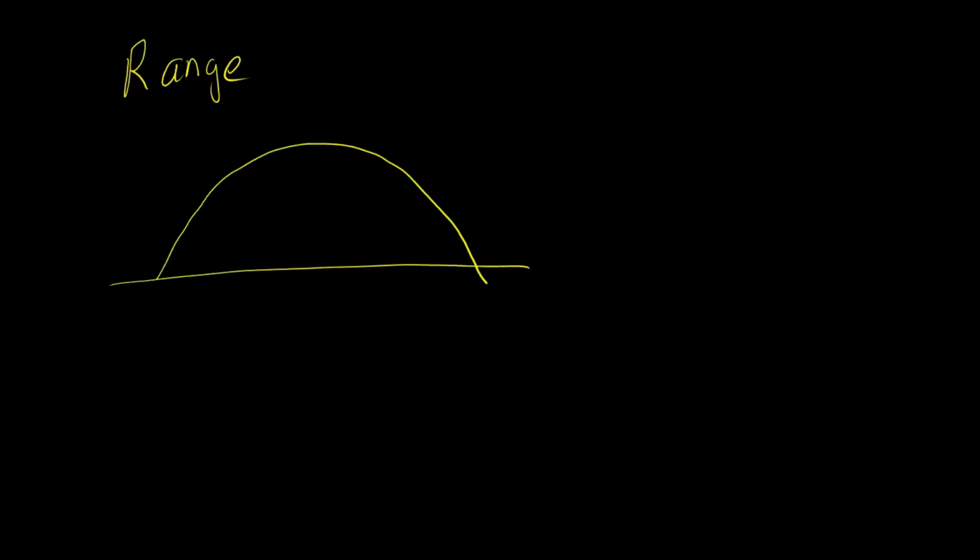All right, how do I find range? So we want to know how far it travels horizontally. We know that its velocity is constant horizontally, so my x, or my range, is equal to the velocity along the x-axis times the time. So x is going to equal the velocity times the cosine of theta times t. Okay, let's go ahead and substitute there.